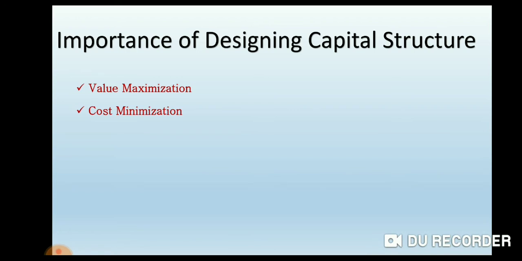Cost minimization. Capital structure minimizes the firm's cost of capital or cost of financing. By determining a proper mix of funds sources, a firm can keep the overall cost of capital to the lowest.